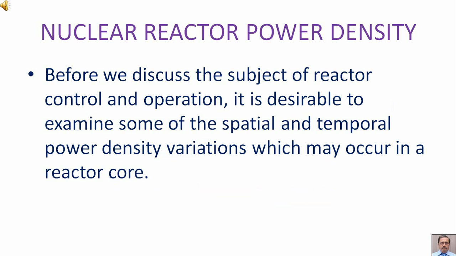Nuclear reactor power density. Before we discuss the subject of reactor control and operation, it is desirable to examine some of the spatial and temporal power density variations which may occur in a reactor core.